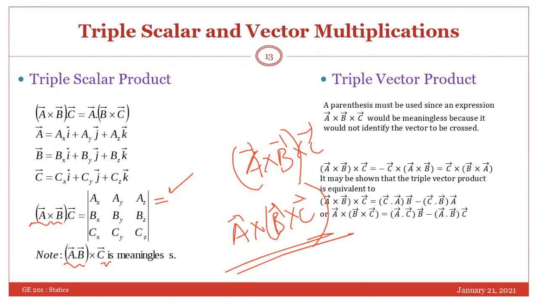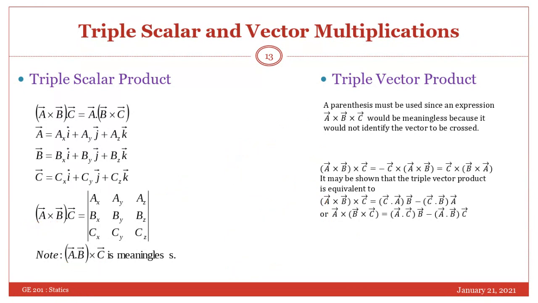So the formula for finding A cross (B cross C) is simple.